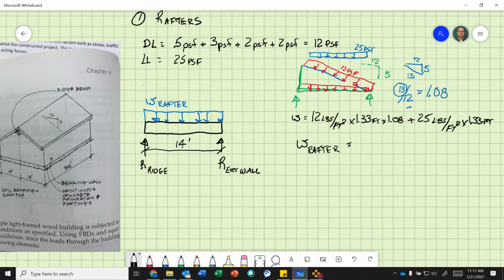So 12 times 1.33 times 1.08 equals, plus 25 times 1.33, and I get 50.48 pounds per linear foot.